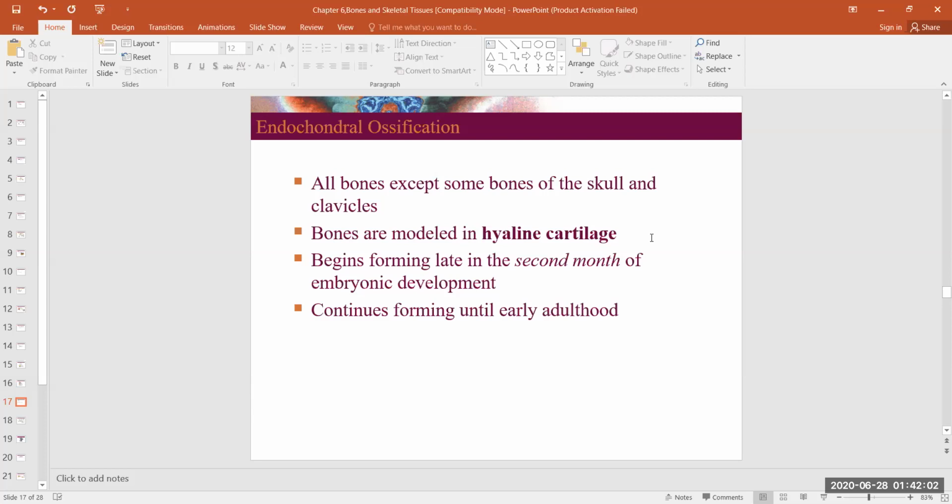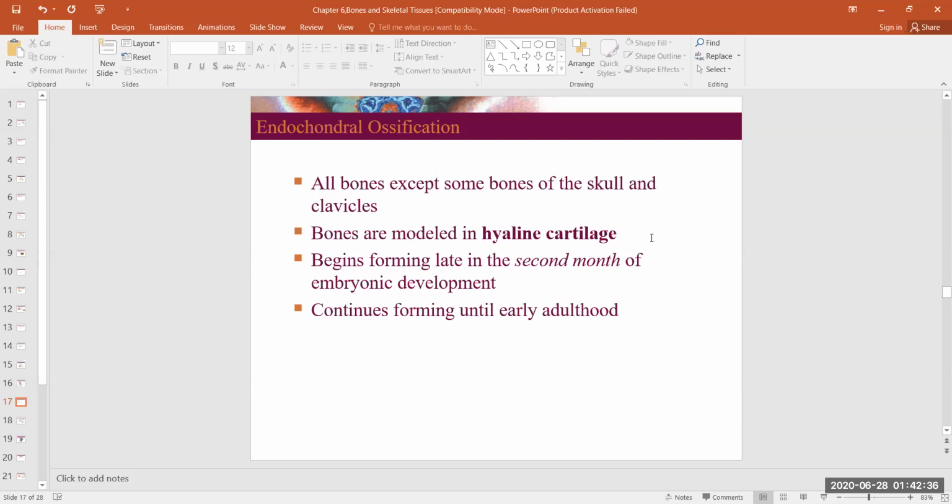Let me clear something up before you make a wrong judgment about this information. Number one, hyaline cartilage does not change into bone, okay? So what happens in endochondral ossification? First, hyaline cartilage deteriorates or is lost, and then in that place new bone cells come and form, and bone is formed, okay?